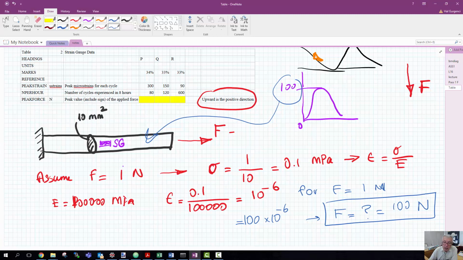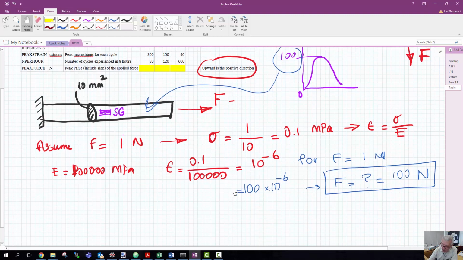What will be the strain that should be experienced by that member by 1 Newton? Then you know what your strain gauge reading is, so you can estimate the value of the F that should generate that strain. One thing you should be careful about is the sign.